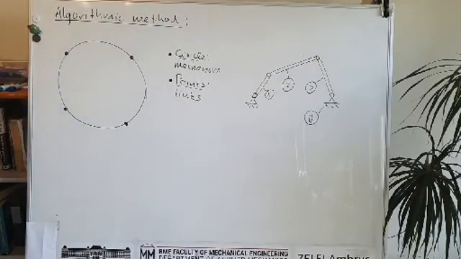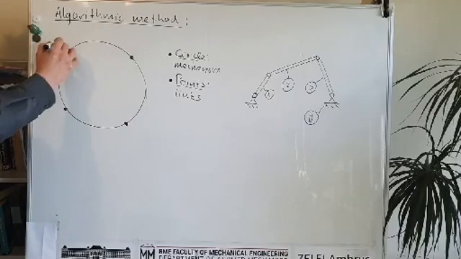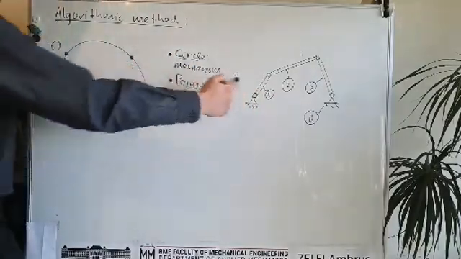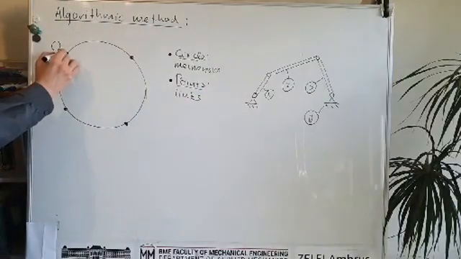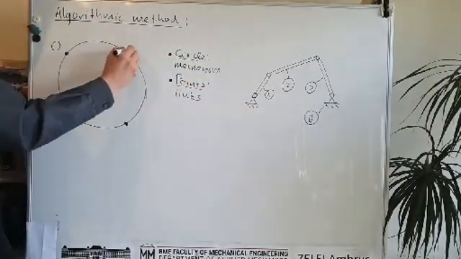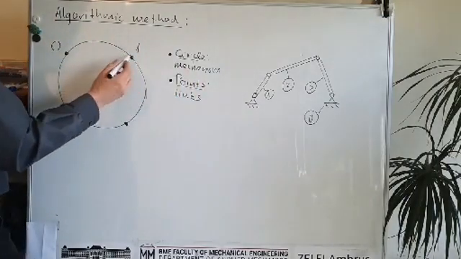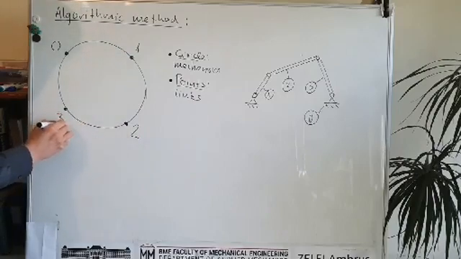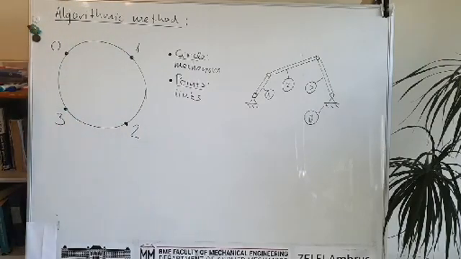And accordingly we will have numbering which is identical with the numbering of the link. So this will be responsible for link number 0, which is the ground. This point is playing the role of link number 1. This is playing the role of link number 2, and finally link number 3. So this is what we have so far.